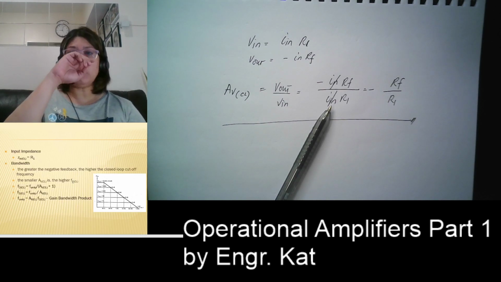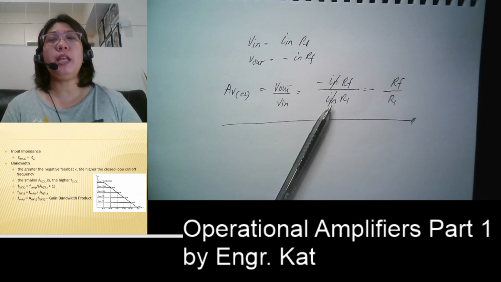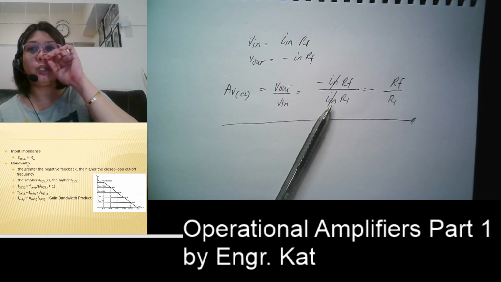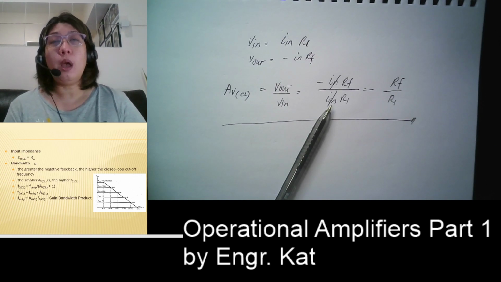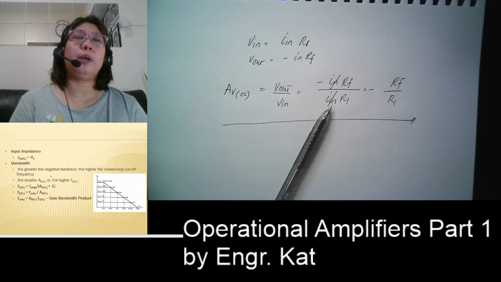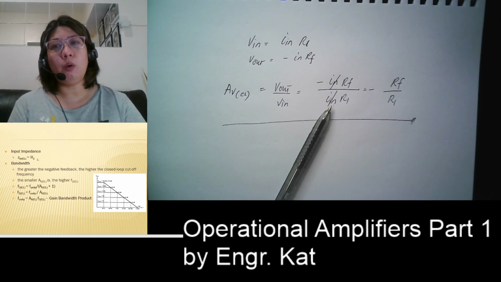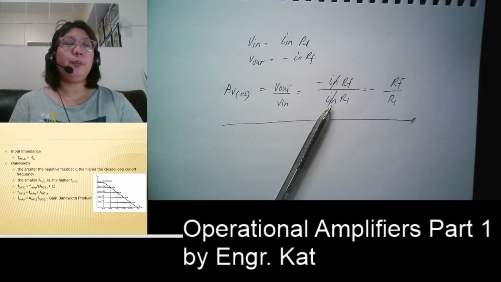Talking about the input impedance for an inverting amplifier, the input impedance with the closed loop circuit is just equivalent to R1. So, for example, if our R1 is 1 kilo ohm, that is already your input impedance.